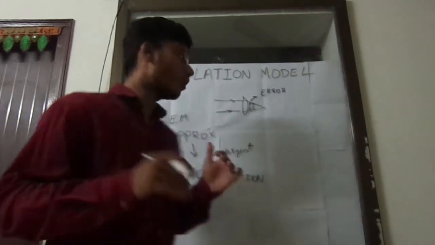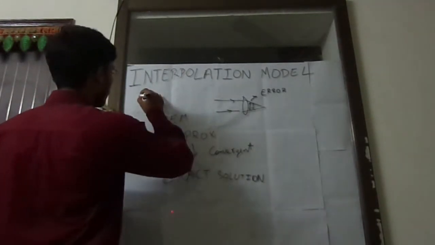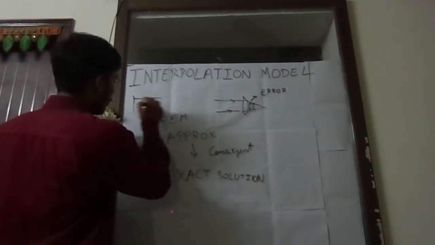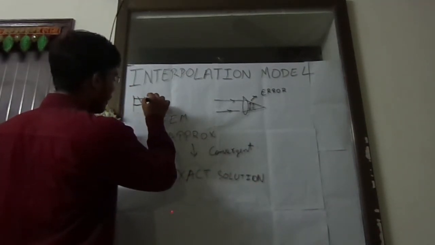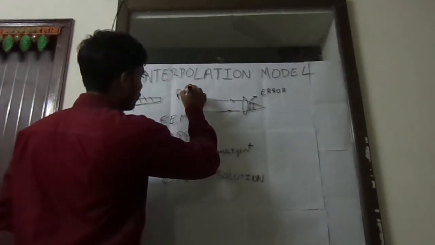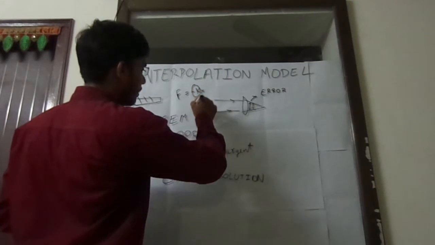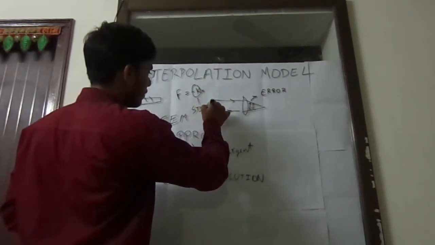So in this virtual model, let's say you need to find the stiffness of a beam. The beam is going to have some stiffness value. You can give the force by F = -kx, and this k is nothing but stiffness.